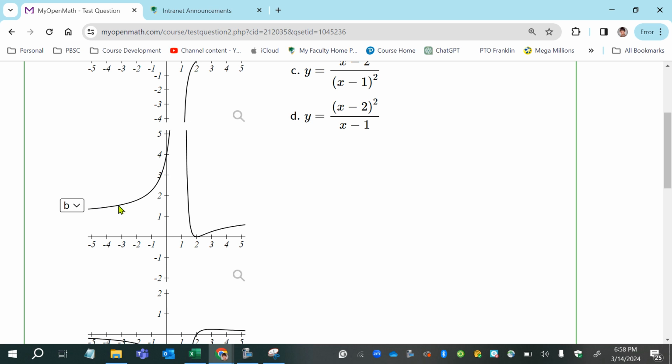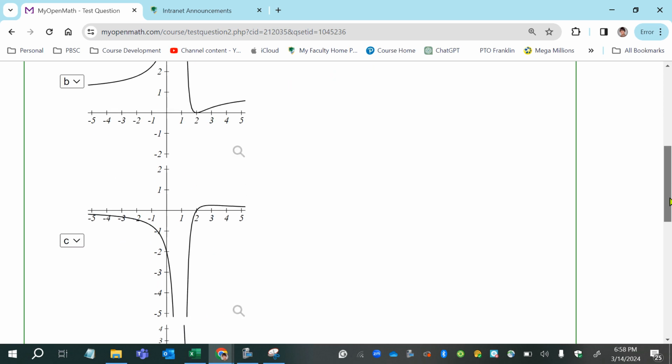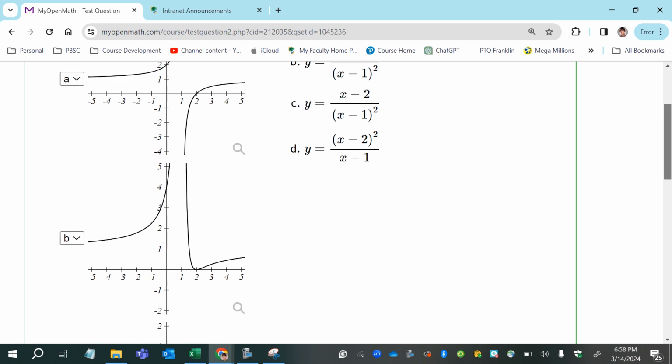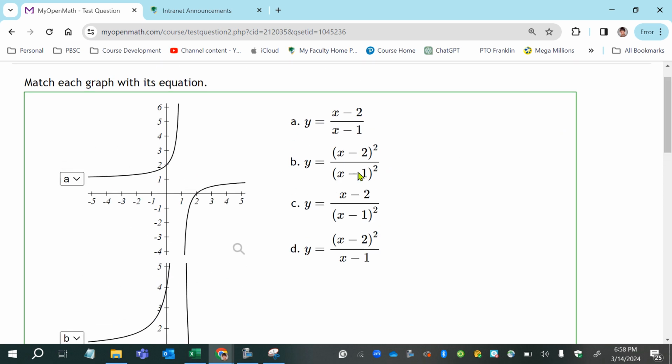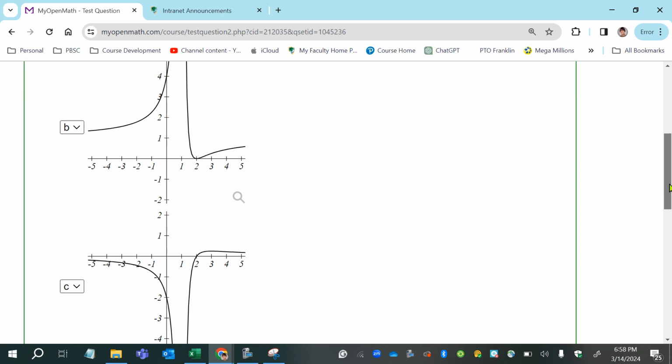I tend to call them volcanoes, or upside down volcanoes. So these two in the middle should have denominators with an even degree. Notice that B has that even degree, and C has an even degree as well.